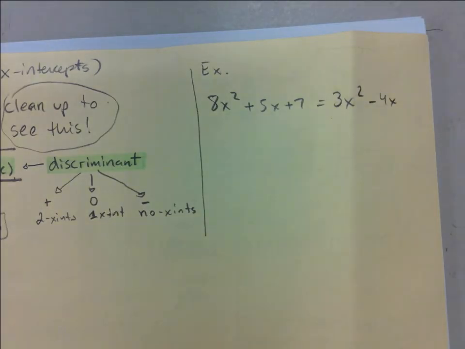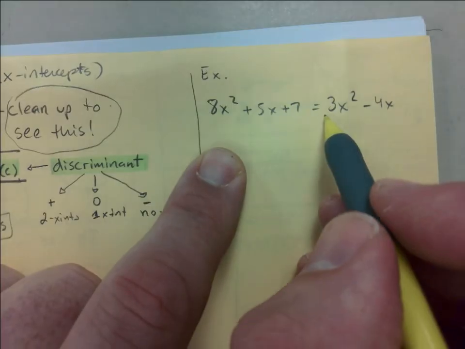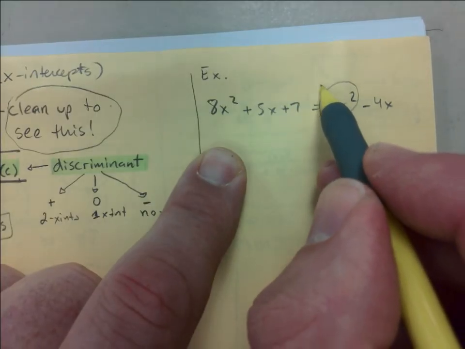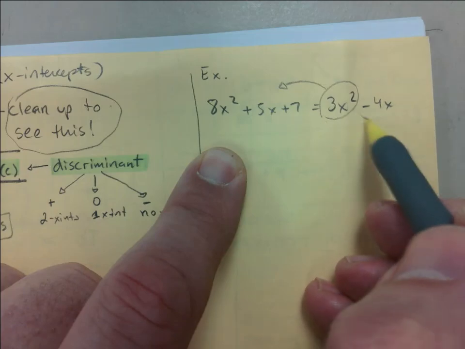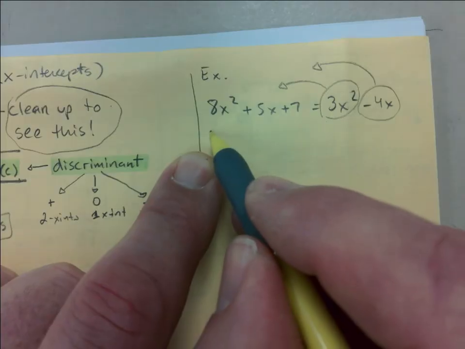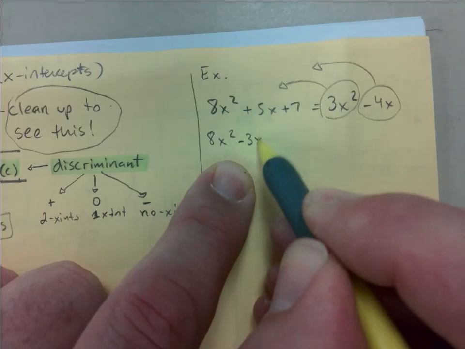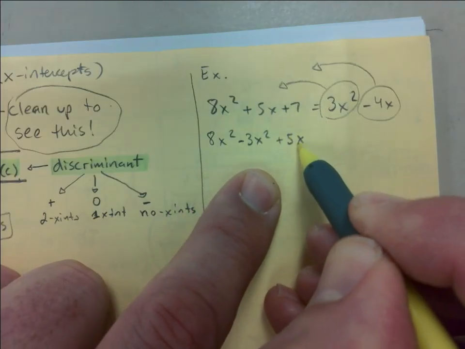But if you had that, you've got to clean it up. You have to have everything on one side. Y is always equal to 0. If you have any y's in there at all, you make that equal to 0, and those terms disappear, and you're left with x. So I'll bring this over to this side, and that term over to this side: 8x squared minus 3x squared plus 5x.